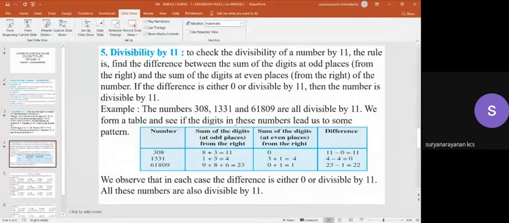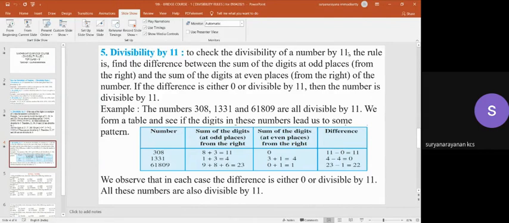Find the difference between the sum of the digits at odd places from the right and the sum of the digits at even places. We have to find these two sums separately, and then find the difference.